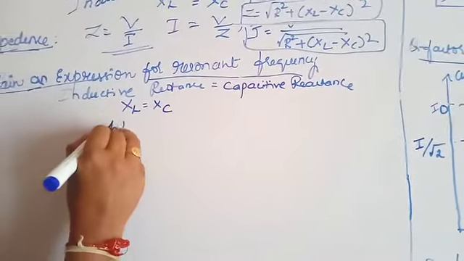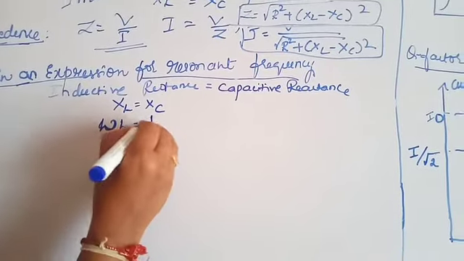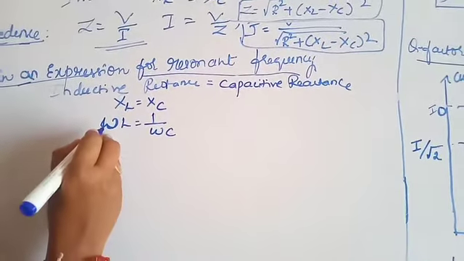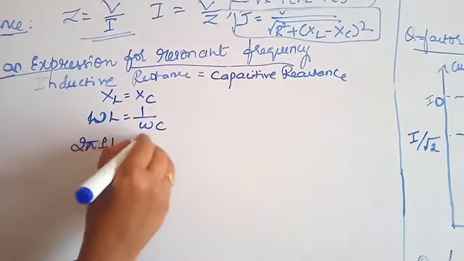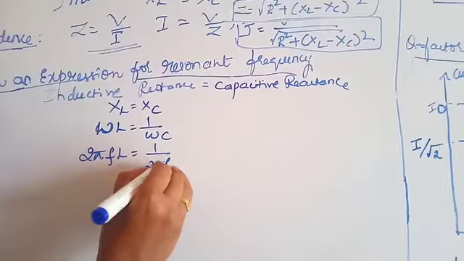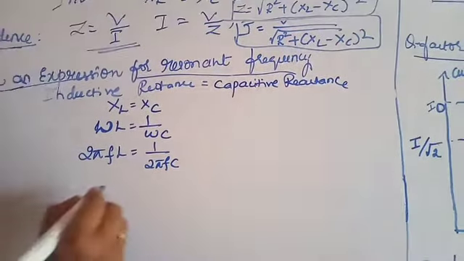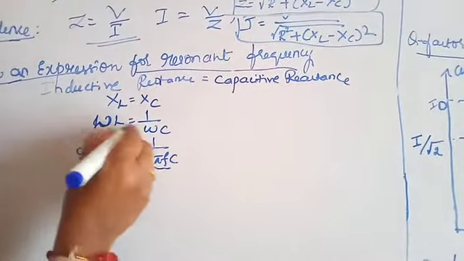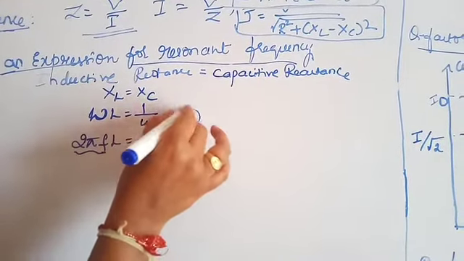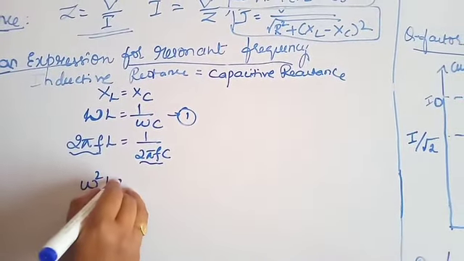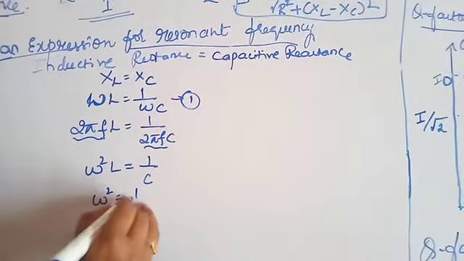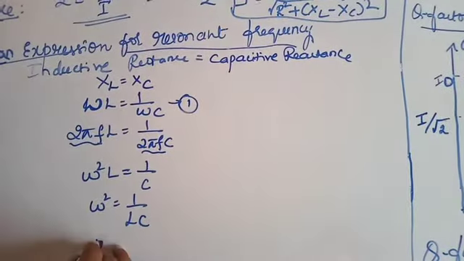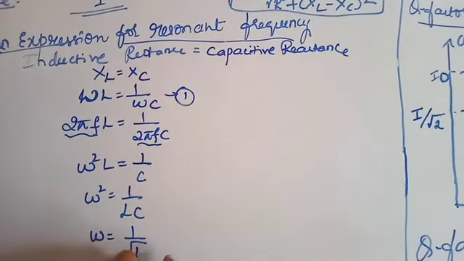For that, omega L is equal to 1 by omega C. We know that omega is equal to 2 pi f. Or we can write omega square L is equal to 1 by C, or omega square is equal to 1 by LC. You can write omega is equal to 1 by root LC.